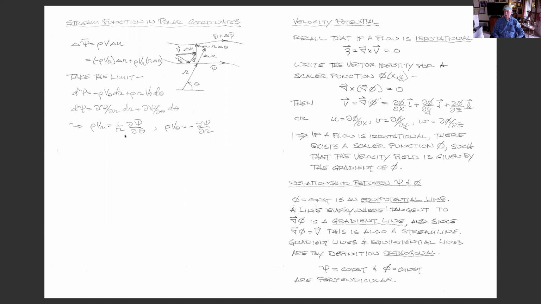So if we have an onset flow coming up to an airfoil, it's all parallel flow upstream, and as it comes to the airfoil, the flow goes around the airfoil. But if it's inviscid flow, there's no boundary layer, and you get the solution for an incompressible irrotational flow about a body.